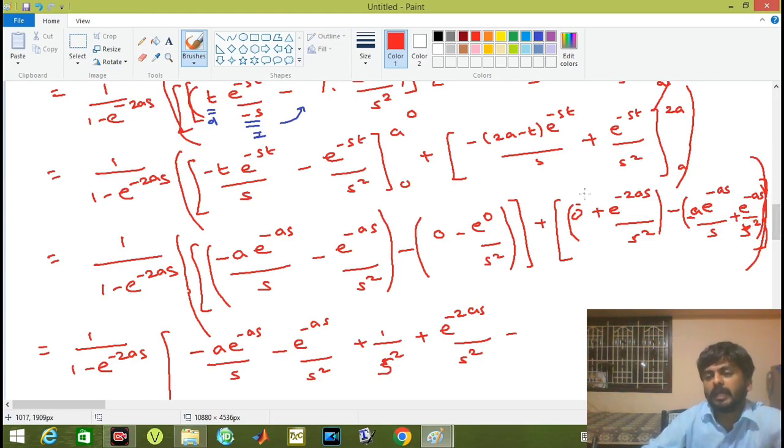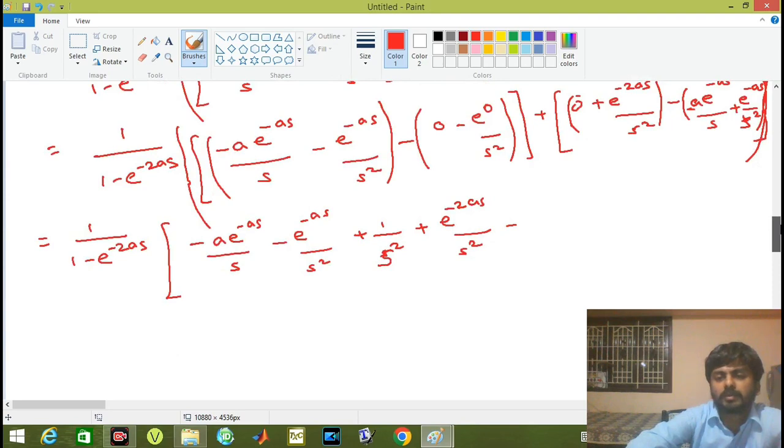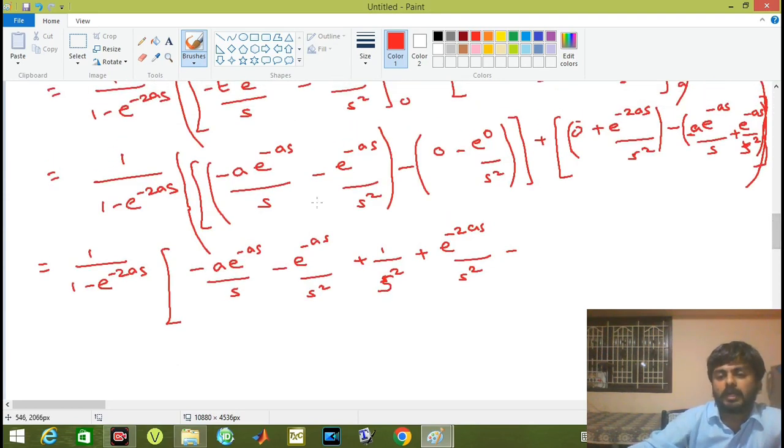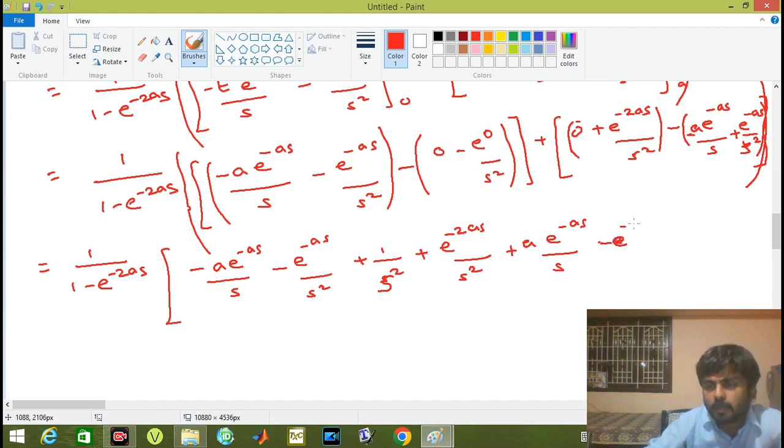So it is plus a e power minus as by s, then you will have minus e power minus as by s square.